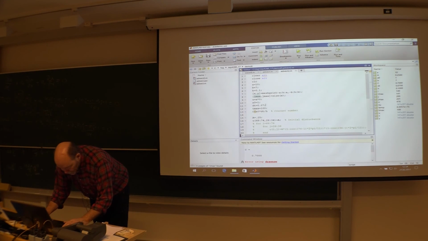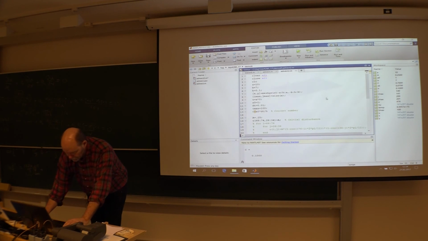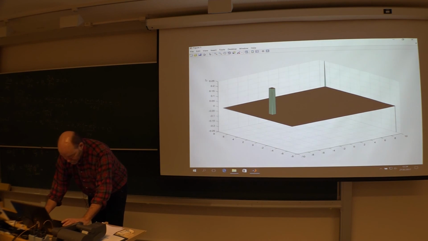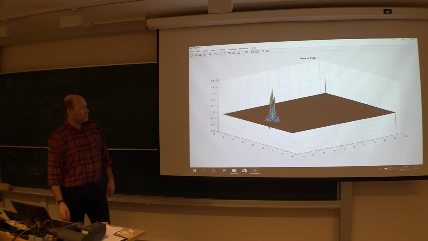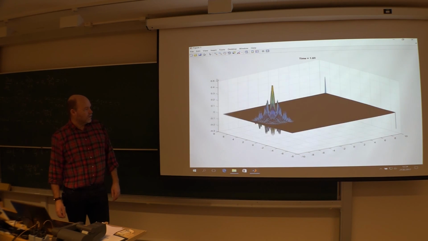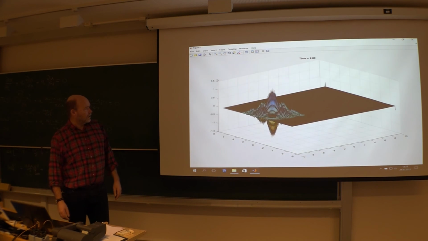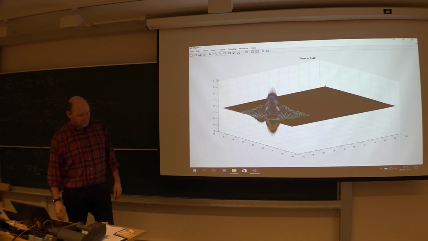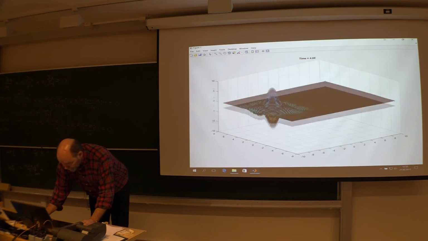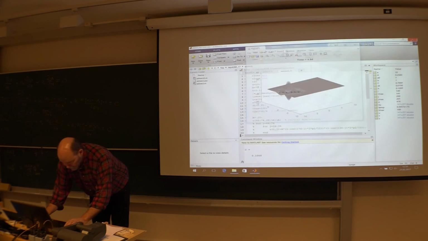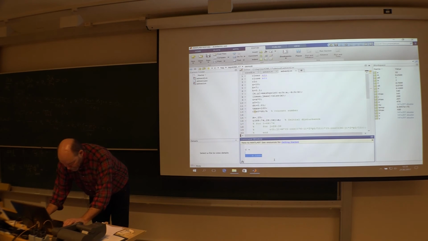So what do we have to do? Smaller time step. Doesn't look promising. He spreads out and gets higher and higher and higher, explodes. So here it really doesn't matter what you do. You can use a small time step as you like.